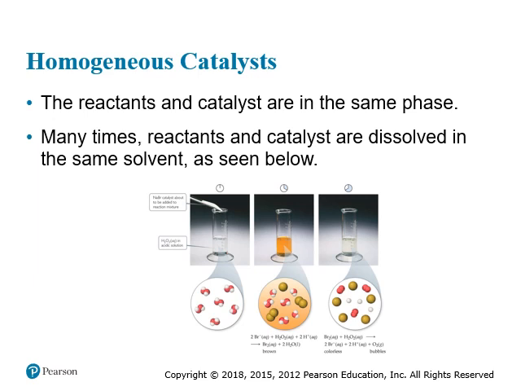So if you have a liquid-based reactant, then the catalyst being a liquid would be a homogeneous catalyst. Sometimes the reactants and the catalyst are dissolved in the same solvent. So if we were to see an aqueous-based solution, then a catalyst that was dissolved in water would be a homogeneous catalyst.